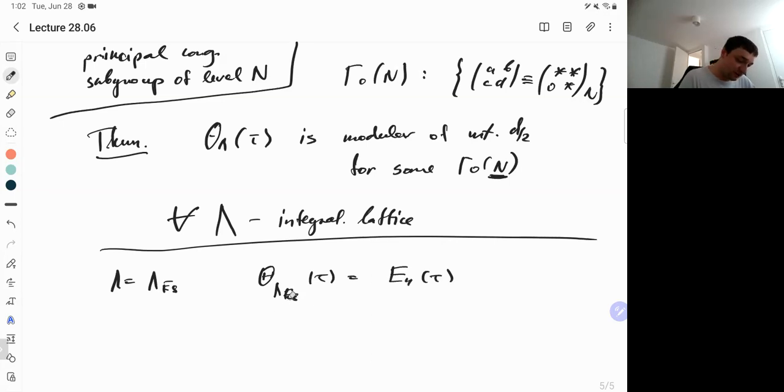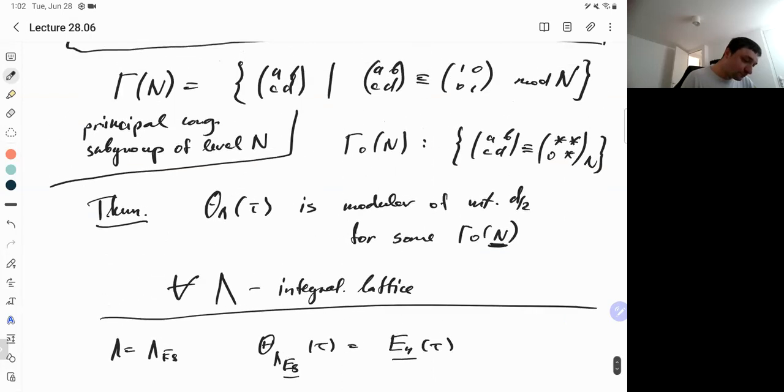And this is where this kind of terrible notation comes up, where E4 is the theta function of E8. This E4 has nothing to do with E8. It's even worse because there is an E8, of course, the Eisenstein series, and then the E8 lattice, so it's better not to confuse them.